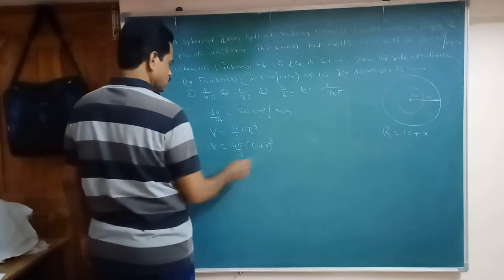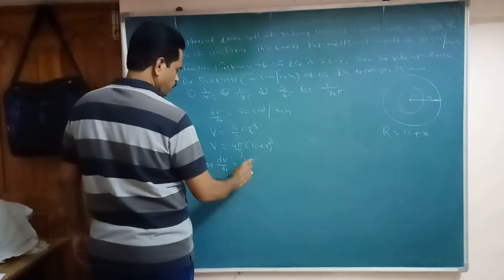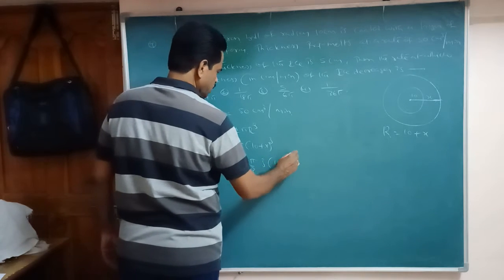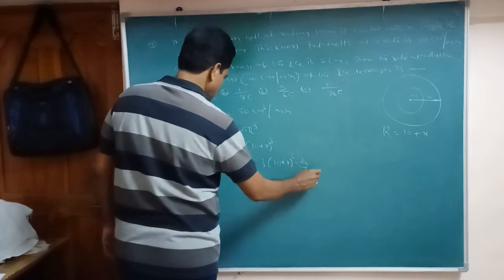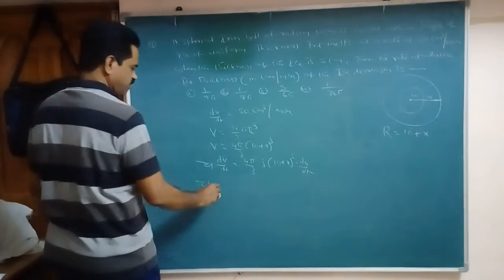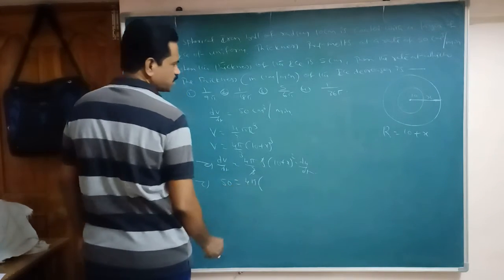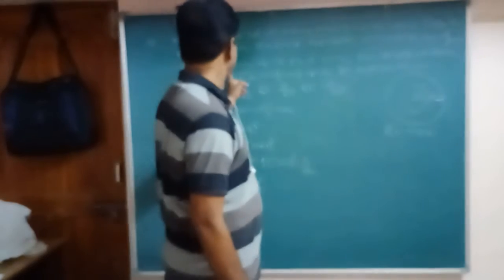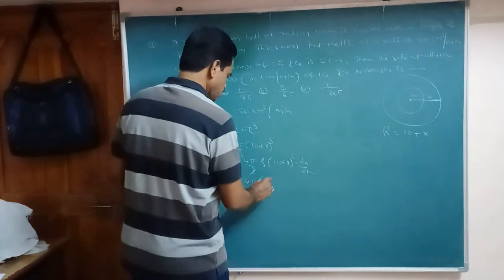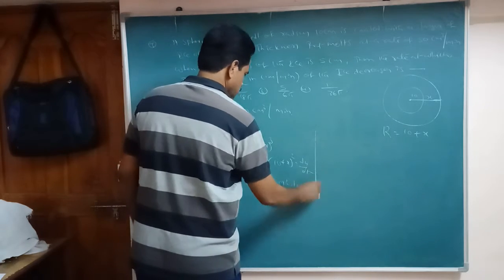So dV by dt equals 4 pi by 3 into 3 into 10 plus x whole square into dx by dt. dV by dt is given as 50, the 3 cancels, and we have 4 pi into 10 plus x whole square. The thickness of the ice is 5 centimeters, that is 10 plus 5 whole square into dx by dt.